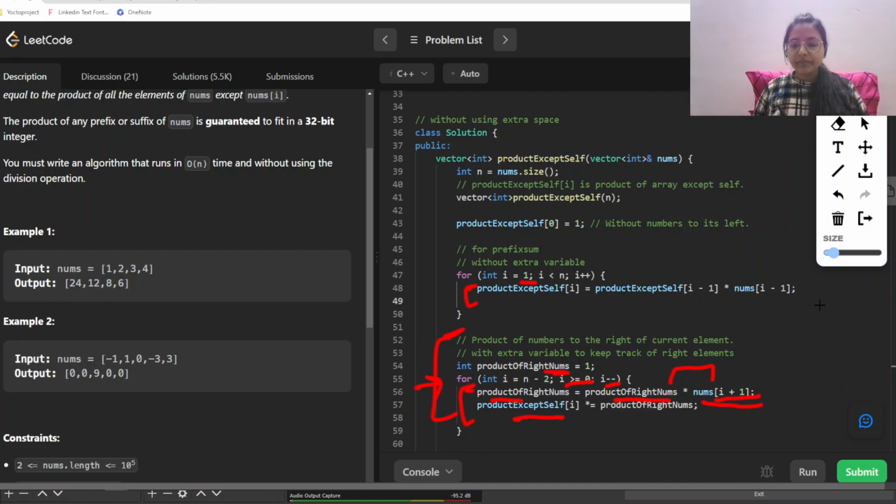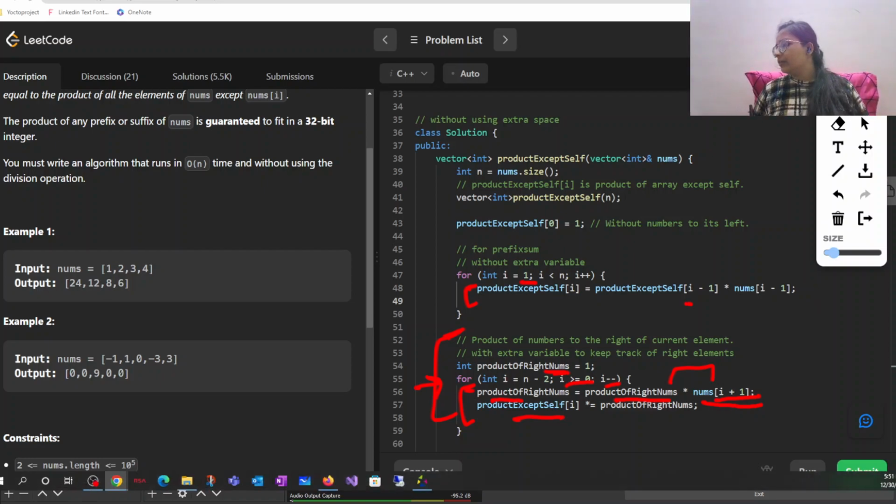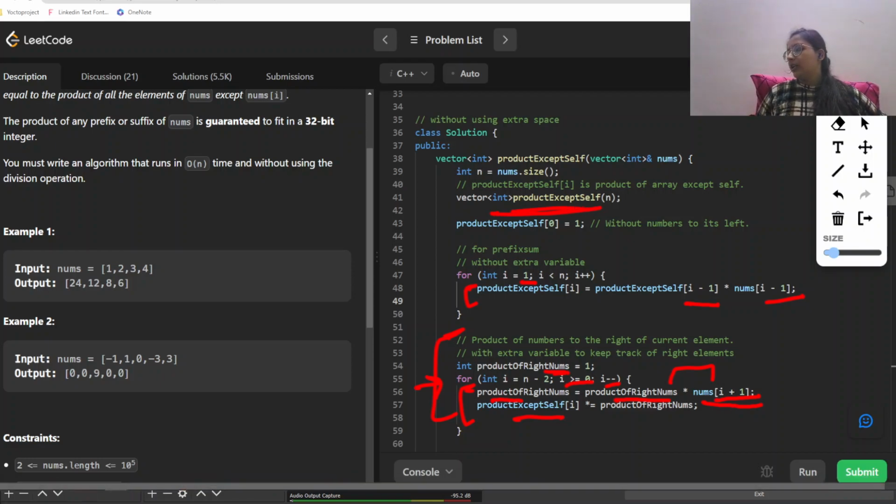Here we were using nums of i minus 1, directly using this particular vector, but here we are using a variable for making our answer. With this we were doing whatever was towards the left, but with this we are doing whatever was there from the right.